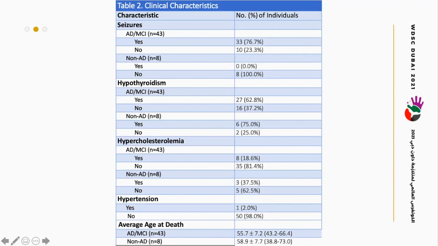And in terms of hypertension, only one person overall in the entire data set had hypertension. So that was definitely a variable we weren't able to consider. As for average age of death, they were fairly even. There was a 3-year difference between those who had Alzheimer's and those who didn't. But again, it wasn't anything that we could specifically call out as saying one group was necessarily living that much longer.